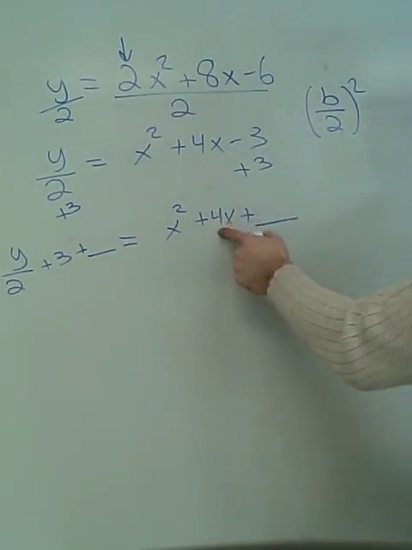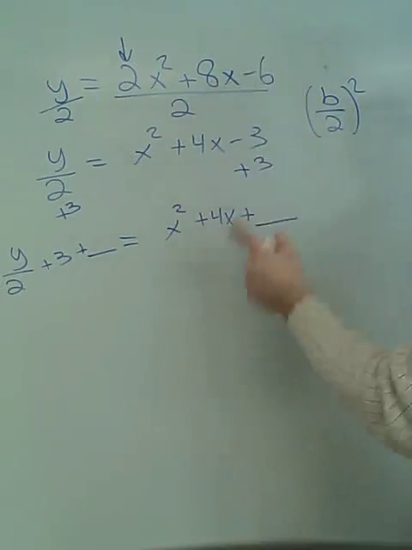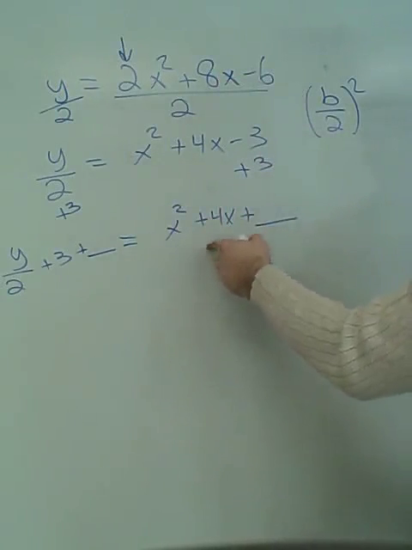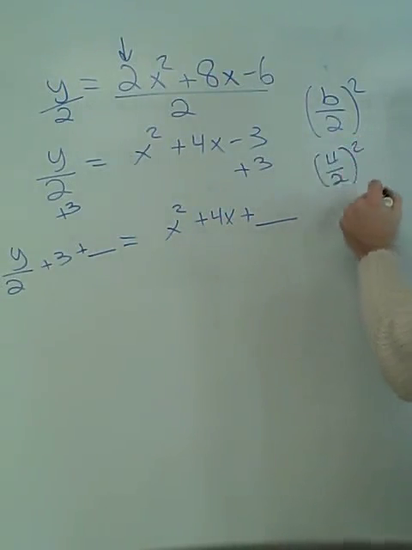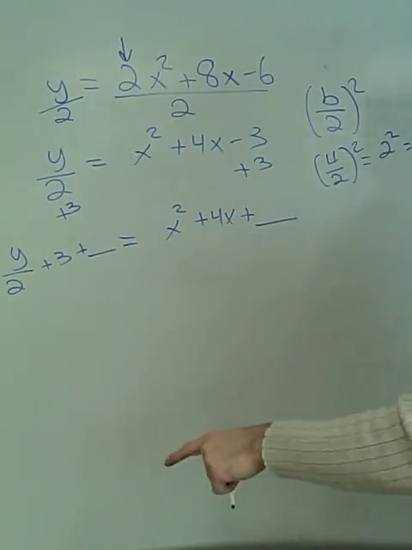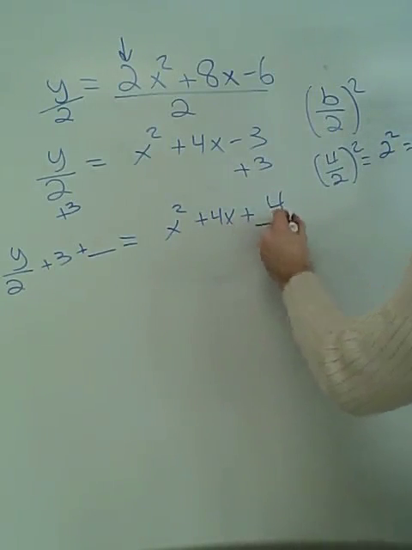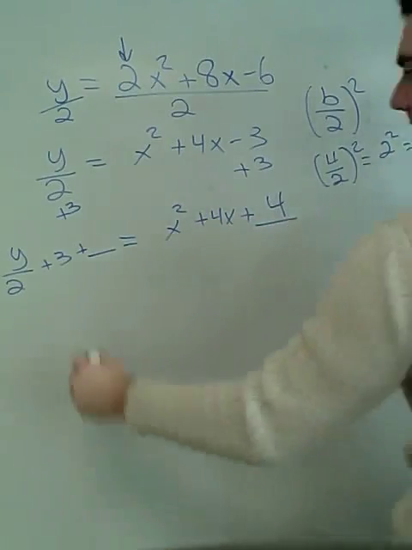So the B that we're using is going to be 4. Not the 8 that we started with, but the reduced B. So we have 4 divided by 2 squared, and that's 2 squared, which is 4. So we're going to add 4 here. And we can't just add 4 to the right without adding 4 to the left.